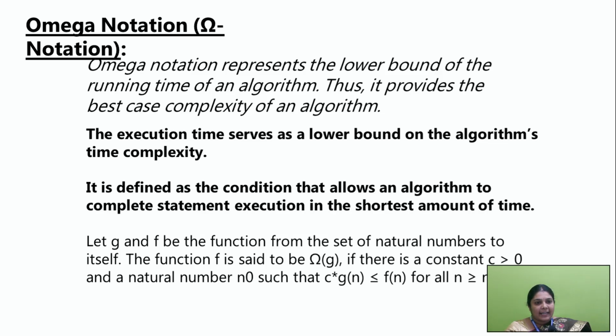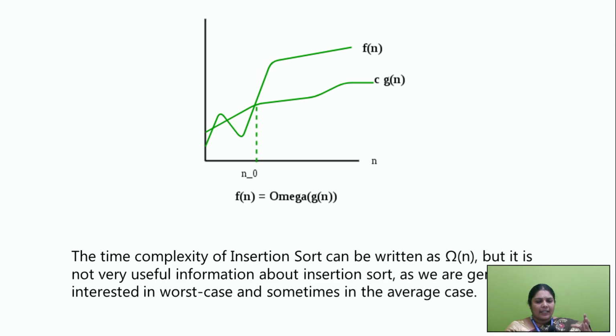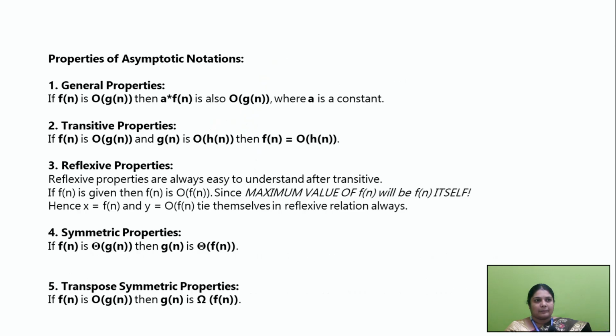It is defined as the conditions that allow an algorithm to complete statement execution in the shortest amount of time. Here we are using c g of n less than or equal to f of n. This is the statement for omega notation. Next, here we are using a graphical representation with f of n and g of n for omega notation.